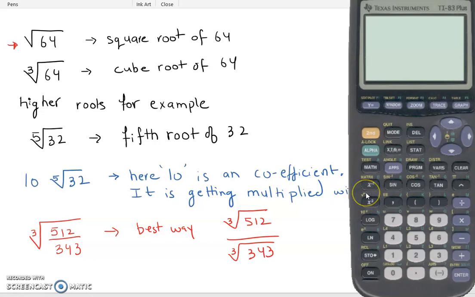To get that, I have to press the second button. It's almost like saying it's on the second floor. So I first hit that, then press this button, and you'll see the square root sign come up. Now I can put in 64, close my bracket, and press enter. The answer comes out to be 8.